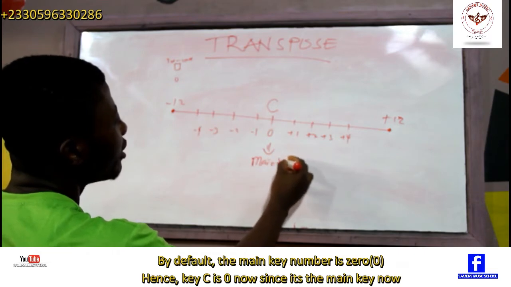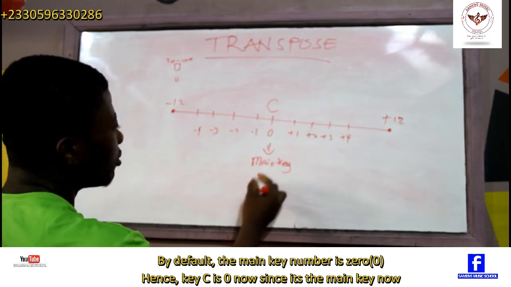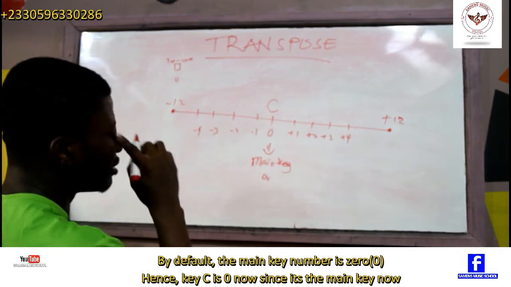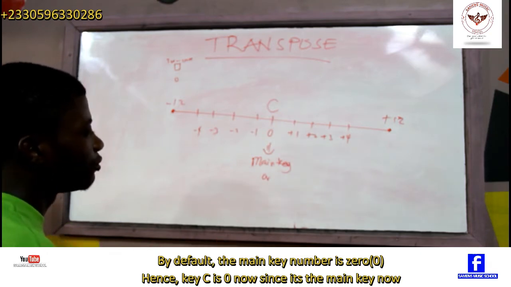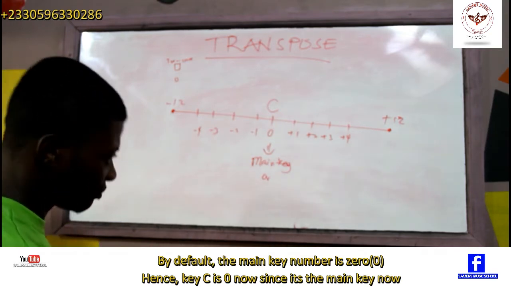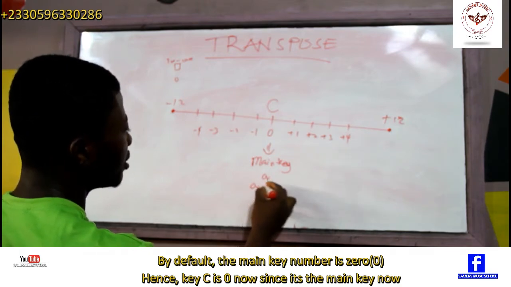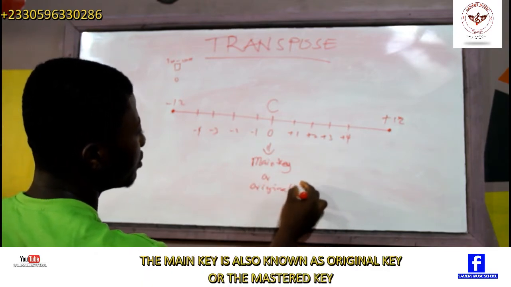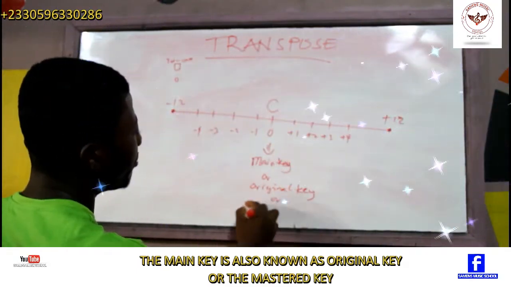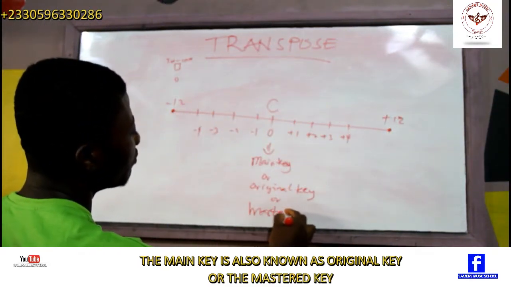That's the key you are standing on to play the keyboard, where you do your transposition. The main key is the same as the original key. Or you can call it the mastered key. That's the key you have mastered.